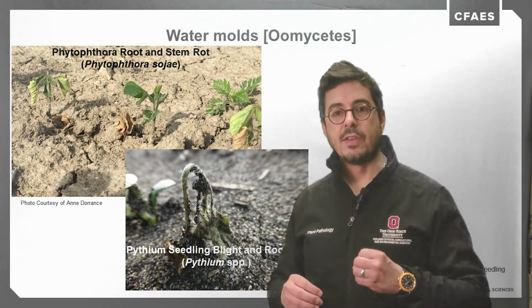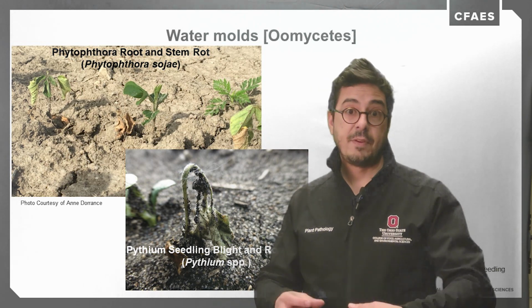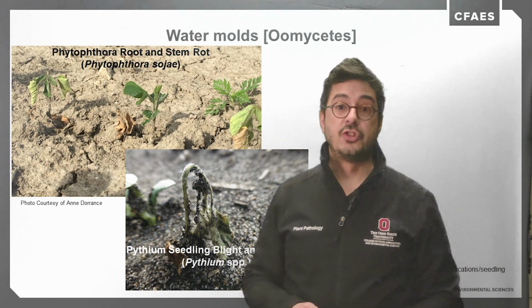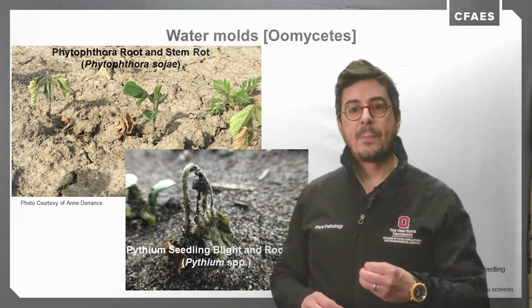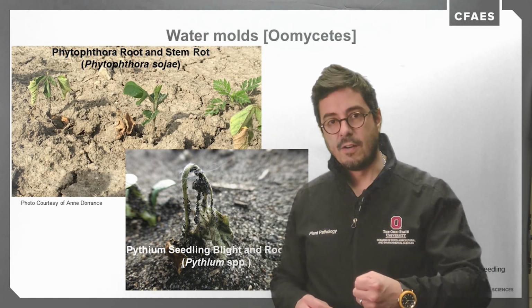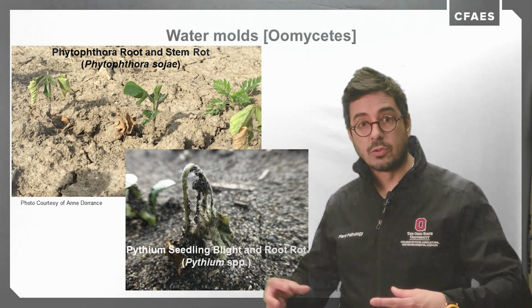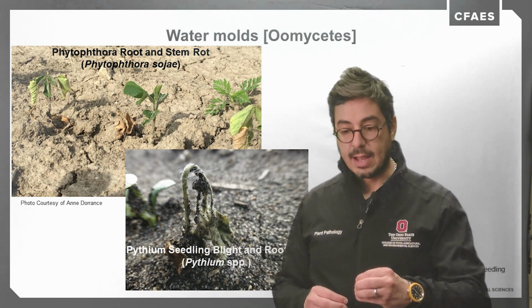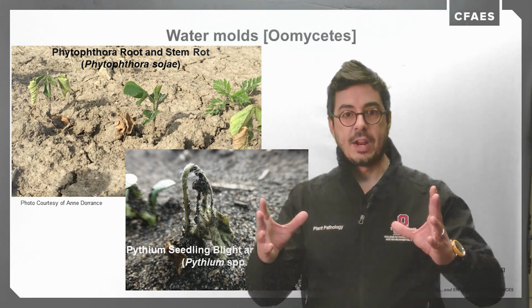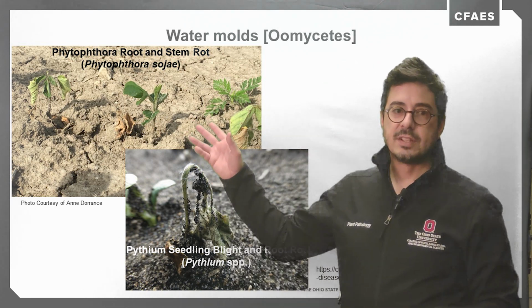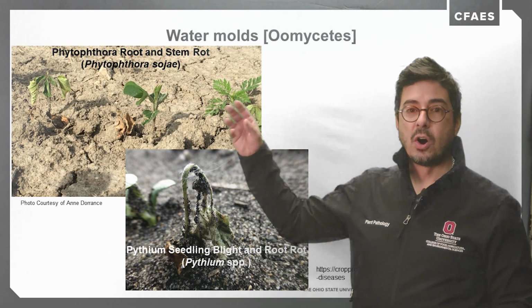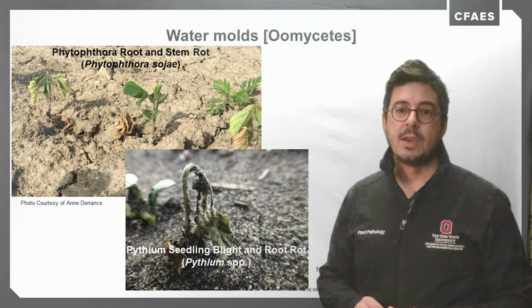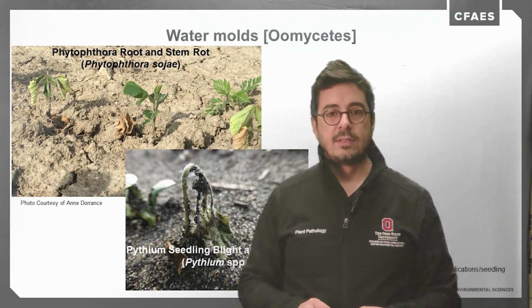So it will be either the seed completely dead before even germinating, or there will be a pre-emergence damping off, which is that the water molds will be affecting that recently germinated seedling before it emerged, or as you can see here, right post-emergence, they can be also affected by these pathogens.